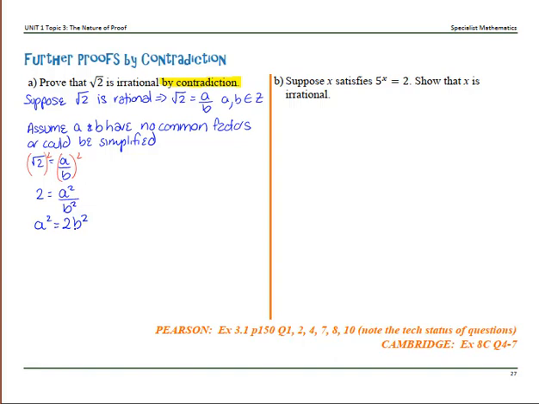So that means a squared is divisible by 2, which also means that a is divisible by 2. So therefore, a equals 2k, where k is some integer.